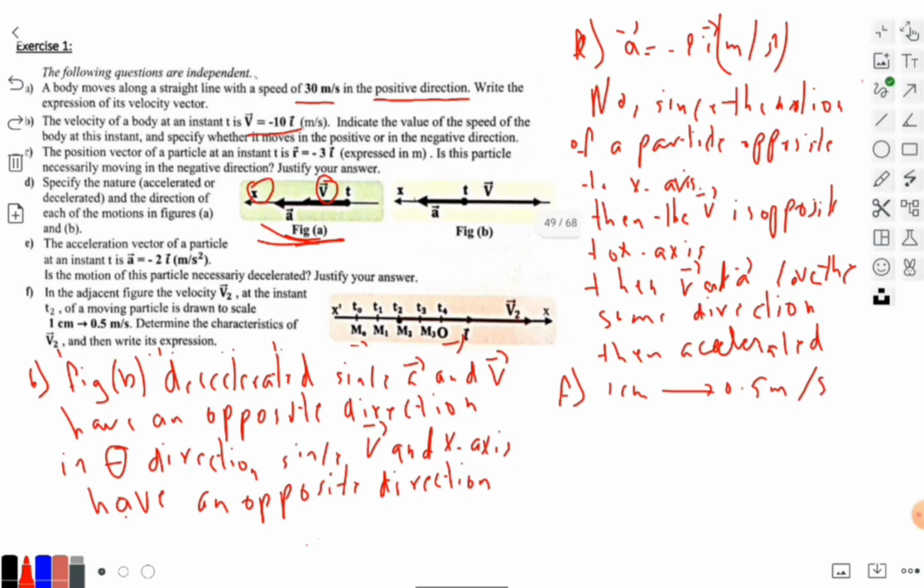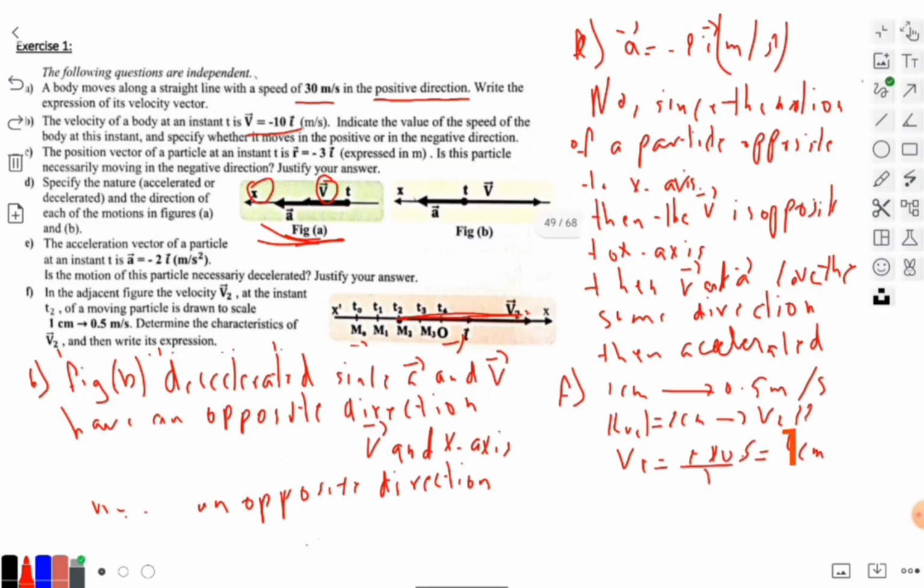By a ruler, we measure the length of vector v2 in this figure. We obtain the length of v2 equal to 2 centimeter, so v2 is equal to 2 times 0.5 over 1.